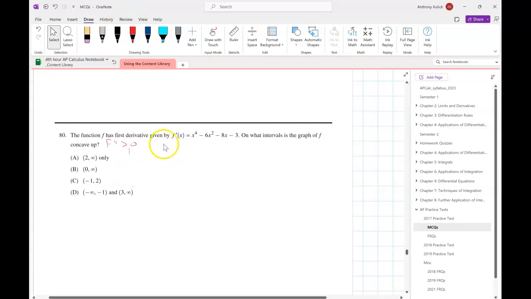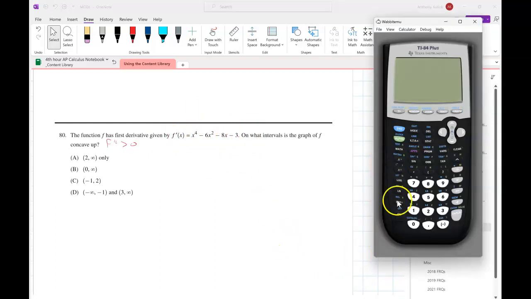So what I'm going to do is graph the second derivative of this on my calculator and look at the picture. Again, you could do this by hand, but check this out that I'm about to show you. This is like the greatest thing ever. To graph the second derivative, I'm just going to type the first derivative into y1.